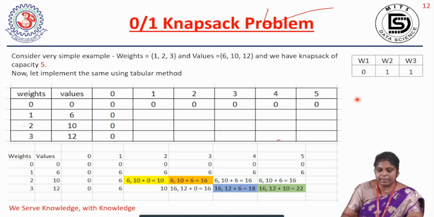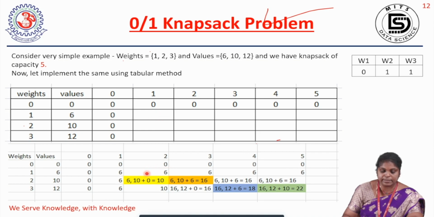Writing 1 comma 1 means I have one item and the bag size is 1 kg. If you see, item 1 weighs 1 kg, so I can keep it inside this 1 kg bag. If I keep that item inside the 1 kg bag, the profit I am earning is 6. So here I am filling this value as 6.